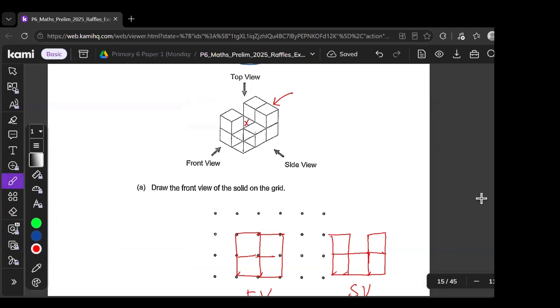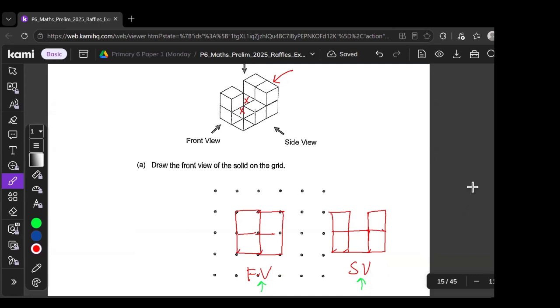That's one cube right behind. You put it there, what happened? The front view and the side view cannot see. And you put one more cube on top of the cube below. Do you see there's a cube below, right? So you put one cube on top. Also, the front view and the side view will not change. And those are the two cubes that you can add. And that's all. No more already.